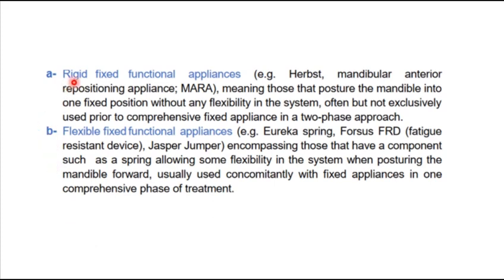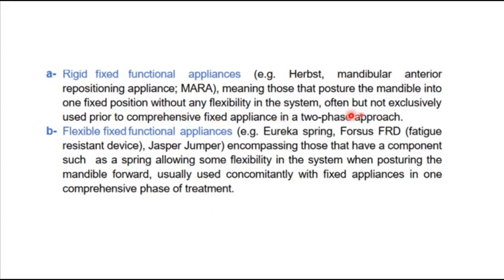The other mode of classification is via the rigidity or flexibility of the appliances. Talking about rigid fixed functional appliances, such as Herbst and the mandibular anterior repositioning appliance, which is short for MARA, these appliances posture the mandible into one particular fixed position without any flexibility in the system.